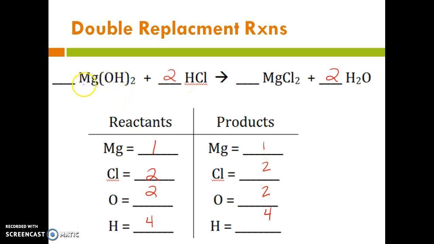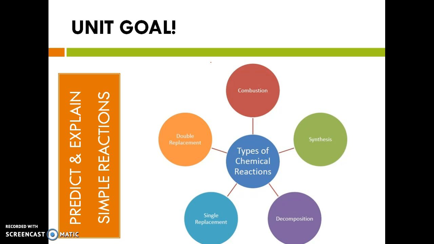We're taking magnesium was dancing with hydroxide, and then it switched partners to dance with chlorine. So these two guys came together, and then these came together as well. So that's a double replacement reaction. Those are all the types of chemical equations and how to recognize them and how to balance them.